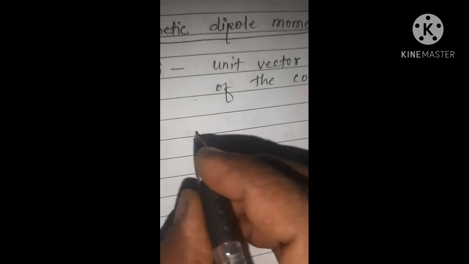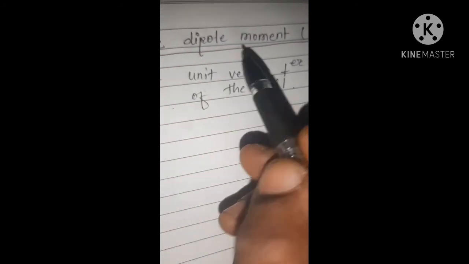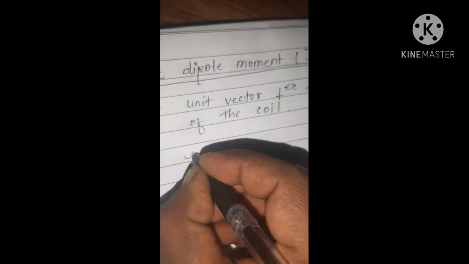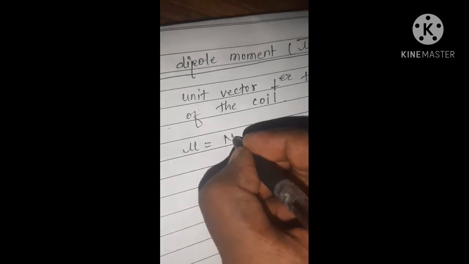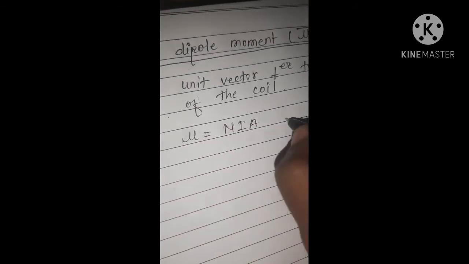And the magnitude of magnetic dipole moment is given by mu is equal to NIA.